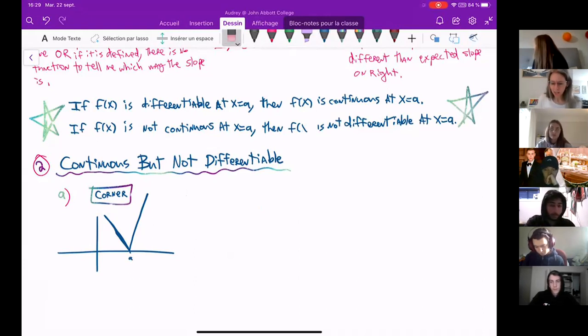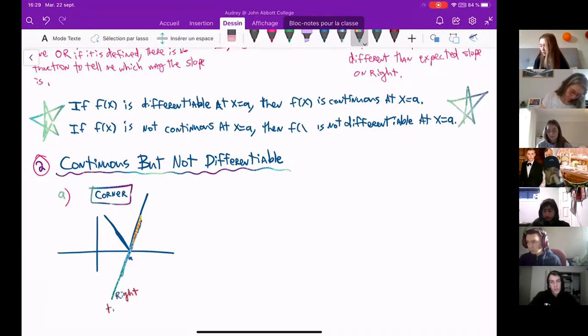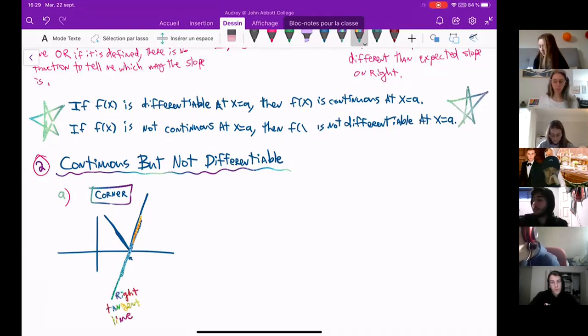But kind of like the issue that we had with the jump discontinuity, if I were to go to a and try to draw a tangent line, and I use the curve on the right to guide me in drawing that tangent line, it would look something like that. Whereas if I use the curve on the left side to guide me, am I going to end up with the same slope?